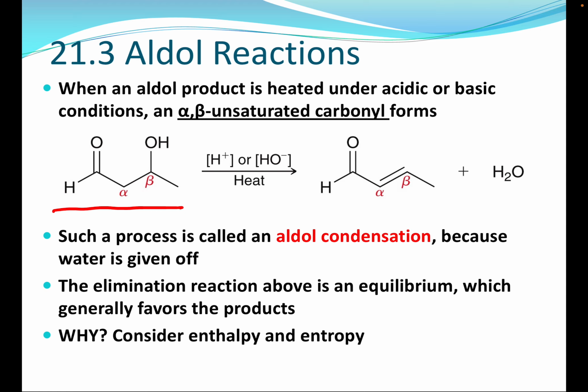So our product then is what's called an alpha-beta unsaturated carbonyl. Carbonyl is a broad term since we could do this with either aldehydes or ketones, although we know the aldehydes are more favored. But remember, the double bond is between the alpha and the beta position.